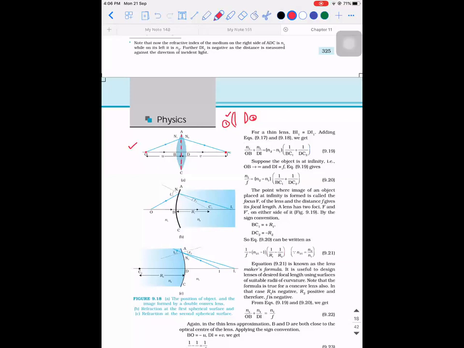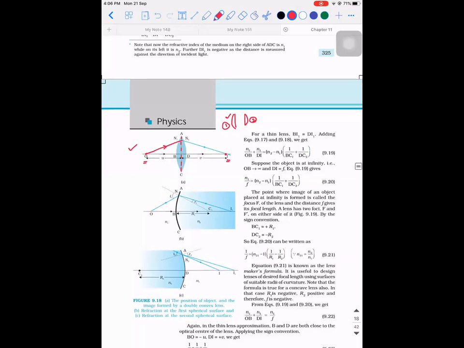That is what this I stands for. Object on the left hand side, image on the other side. Now there is a ray that is leaving from the object. That is the incident ray. My question is, how many times is this incident ray supposed to undergo refraction before the final image I is formed? 2 times. It is 2 times. Be confident, it is 2.